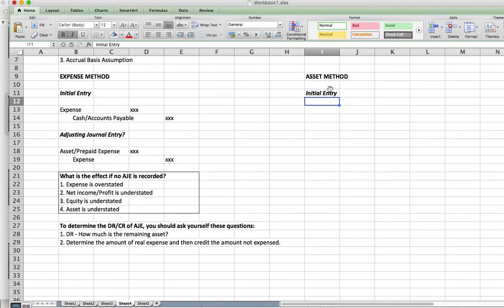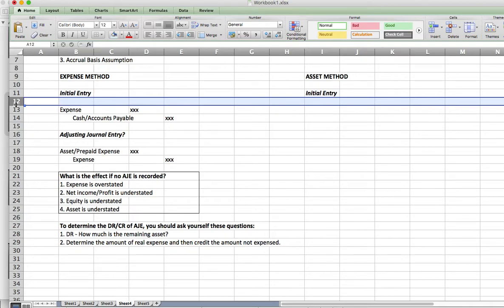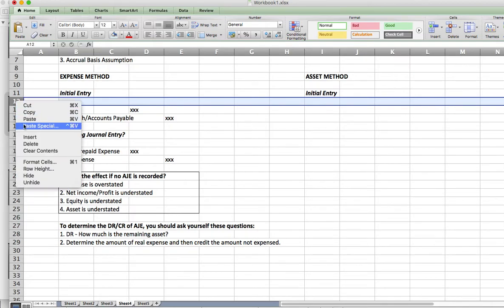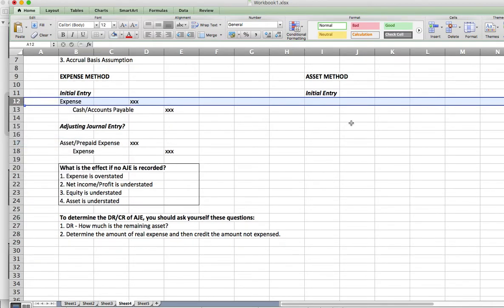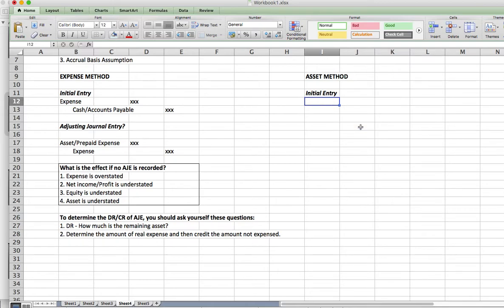So, anong initial entry niya? Okay. Anong initial entry natin dito? Debit, asset, or tinatawag nilang prepaid expense. And then, credit, cash, or accounts payable.